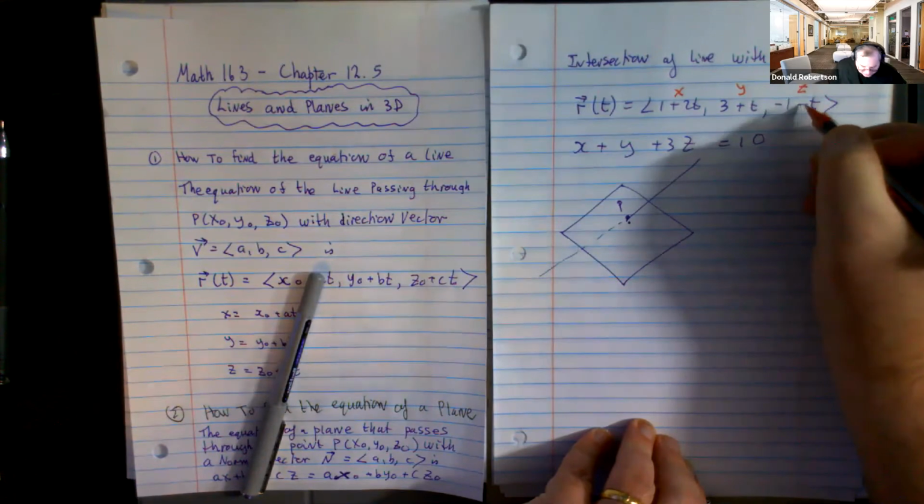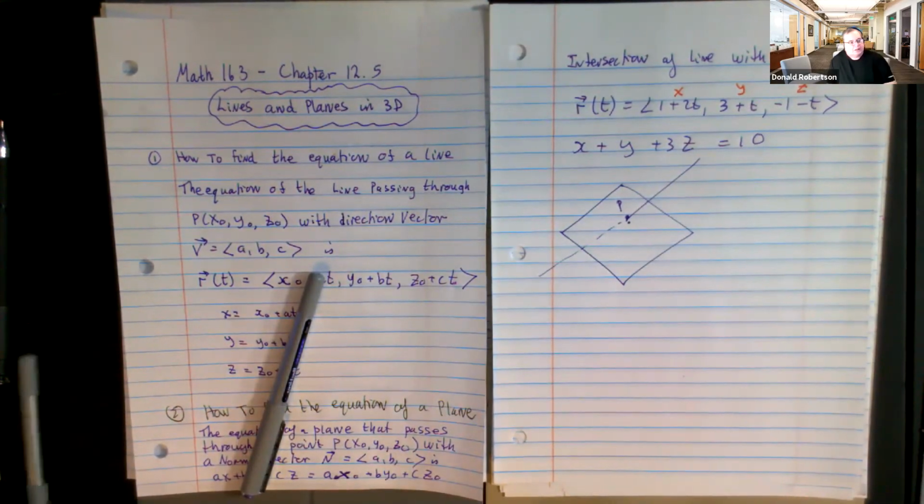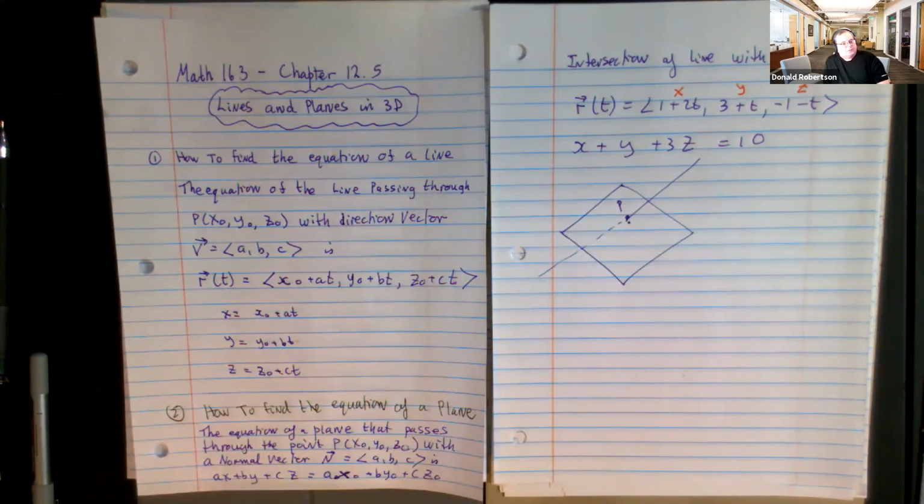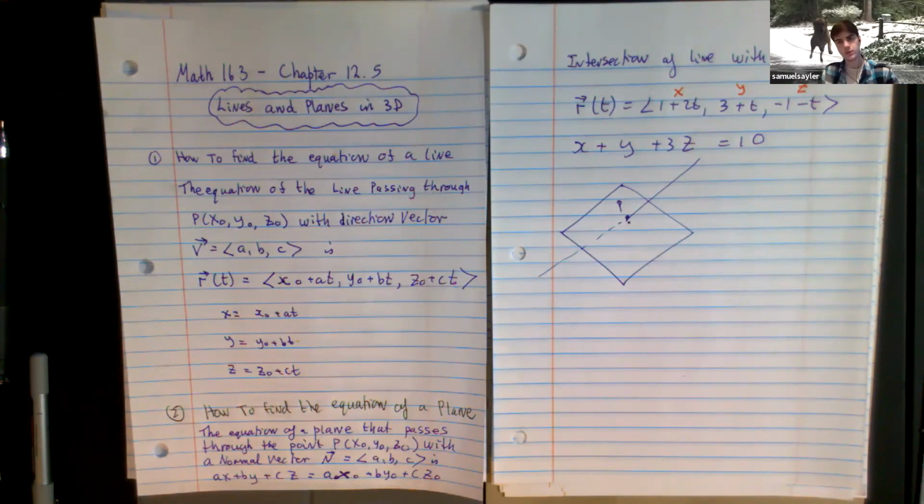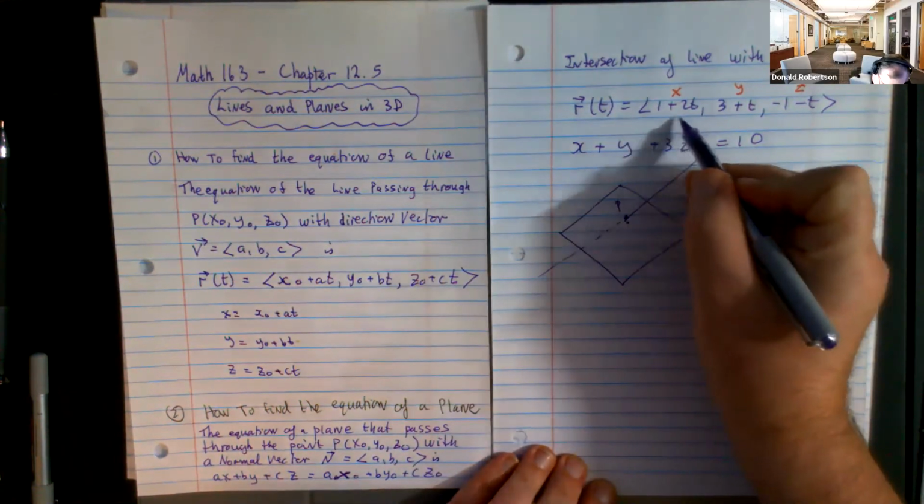And isn't this the z coordinate of a point on the line? How could that help us? Do we plug them in instead of the x, y, and z in the equation? Yes. So I'm going to substitute these in here.